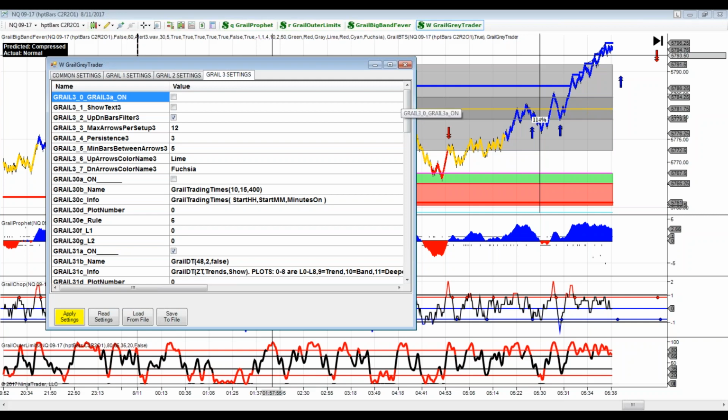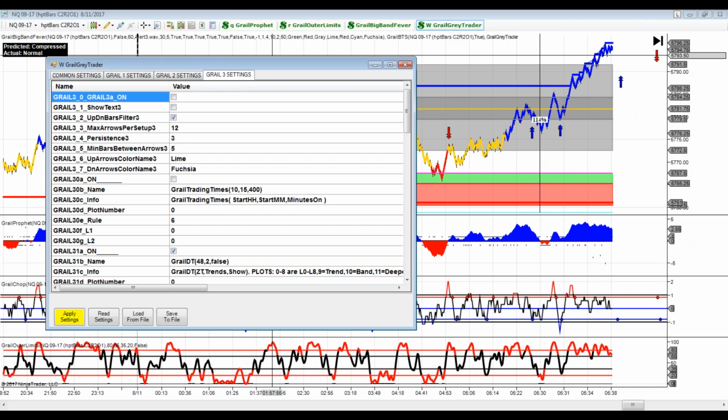However, we don't recommend using Grail 3 for trading the grays. Grail 3 has a time and place to trade, but remember, it's after a market settles down, and in the case of the equities, we don't normally start looking at that until about 45 minutes after the pit open. So it's not recommended that you trade Grail 3 in the grays.